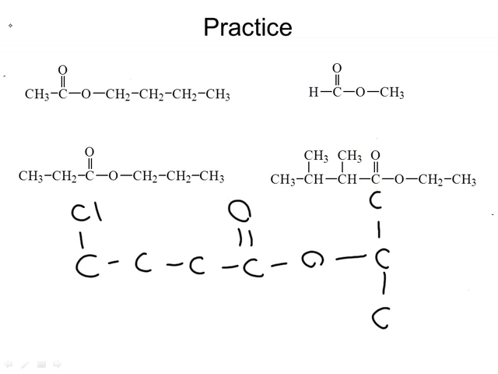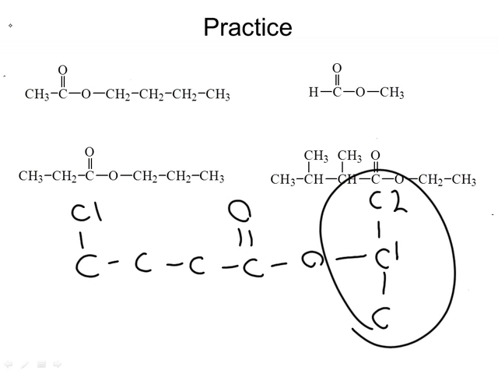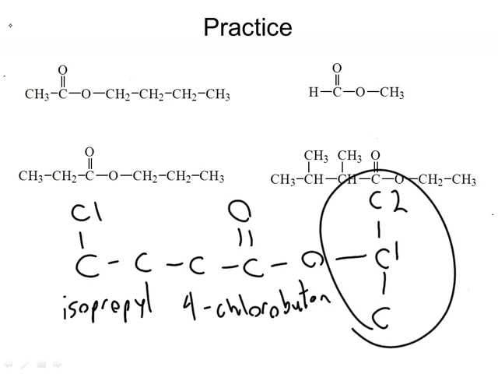Because this part is being treated as a substituent, we don't number from the longest part of the chain. We just go 1, 2. We could call this 1-methyl, but it's actually just isopropyl. So isopropyl is the first word, and the second word is 4-chlorobutanoate, because there's a chlorine at carbon number 4. Hopefully that makes sense.